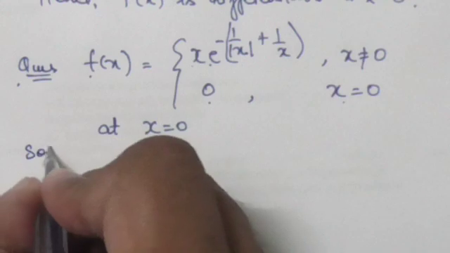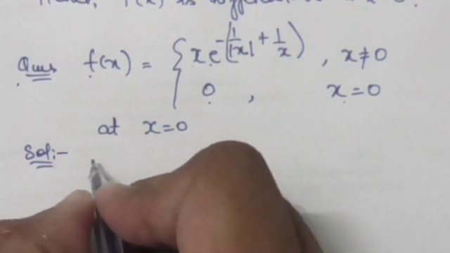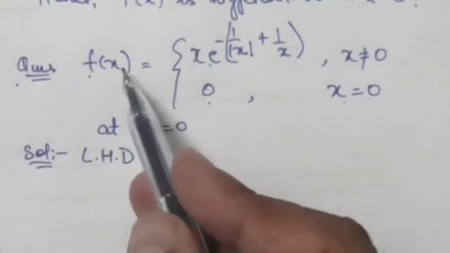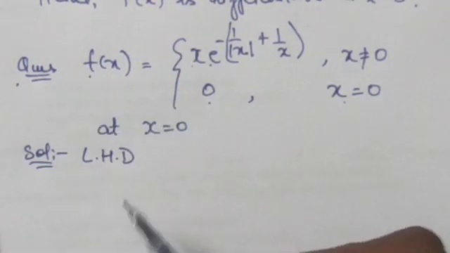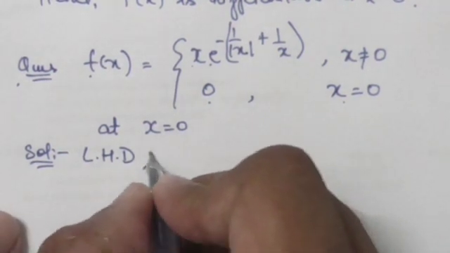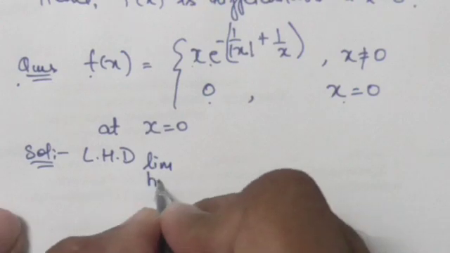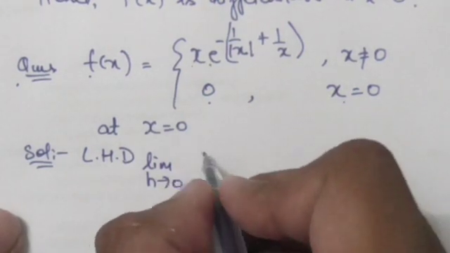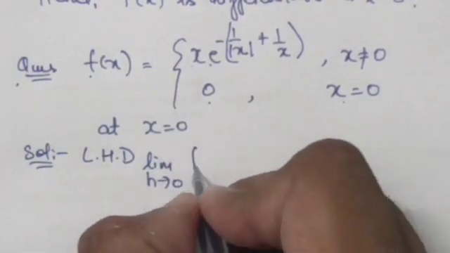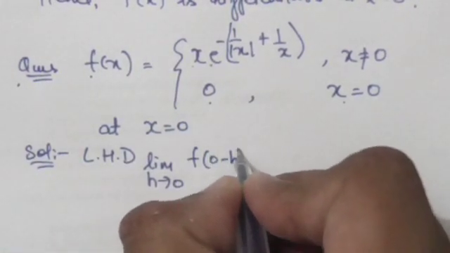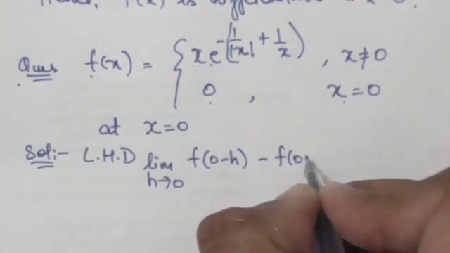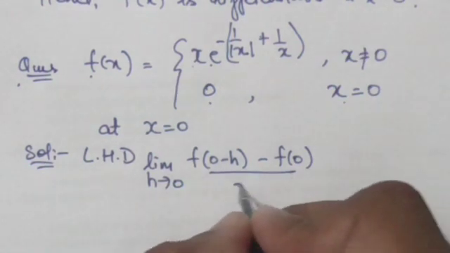So for that purpose, again I need to find its left hand derivative. I need to find the left hand derivative of this function f(x) at x is equal to 0. So here it will be limit h tends to 0, f(0 minus h) minus f(0) upon minus h.